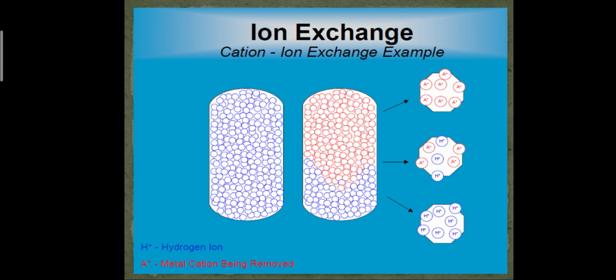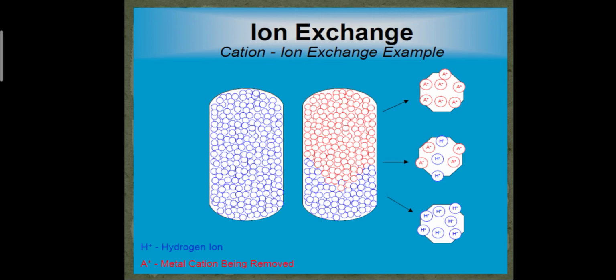What we are looking at here is the cation exchange resin. Initially, this resin is composed of hydrogen ions which are indicated in blue color. While passing the raw water through it, the positive hydrogen ions get replaced by other positive ions like calcium, magnesium, potassium and sodium.